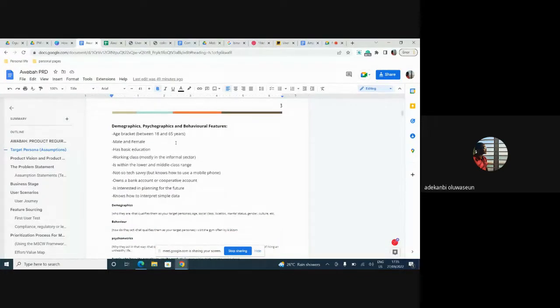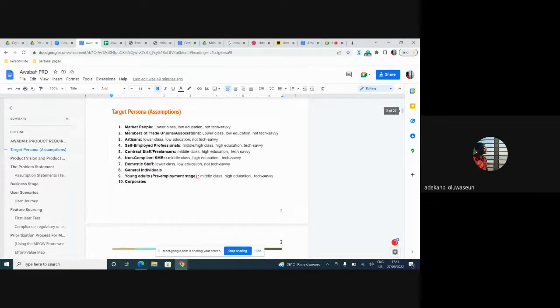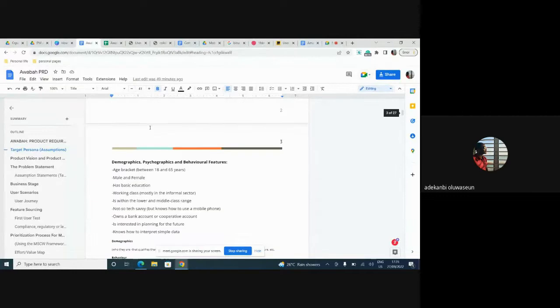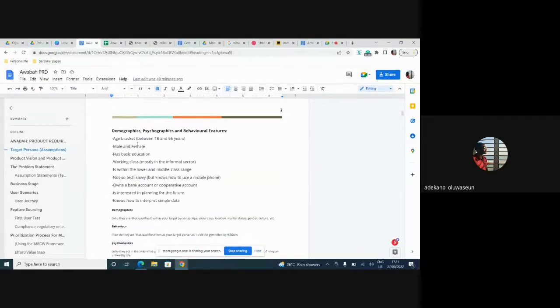After you've highlighted the persona, you go further to highlight the demographic of that persona, the psychographic of that persona, and the behavioral elements of that persona. For instance, I'm picking market people, market man, market woman, depending on what you call them. You want to say these people are between the ages of 18 and 65.